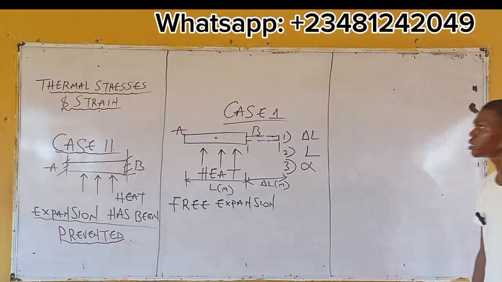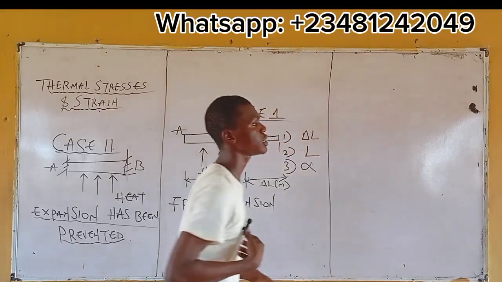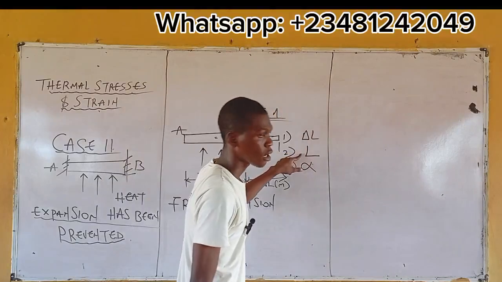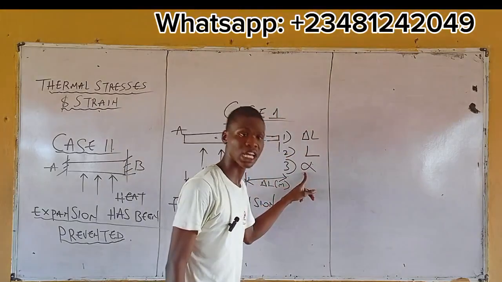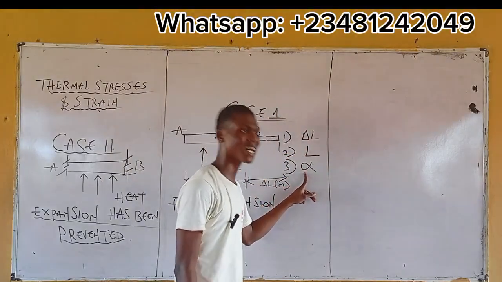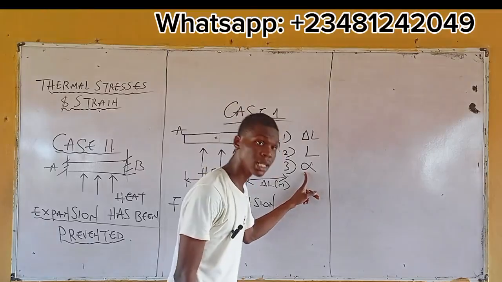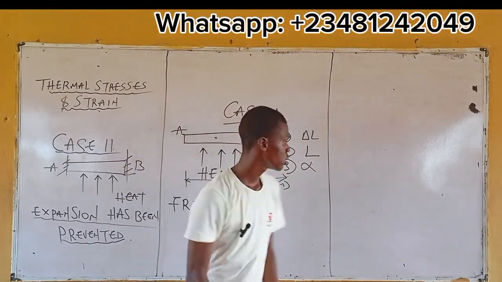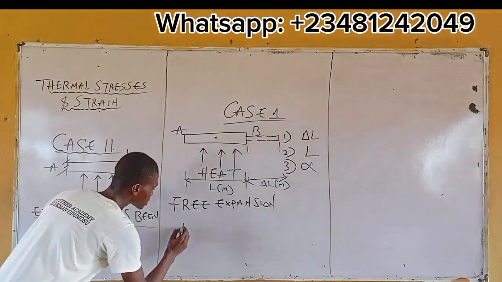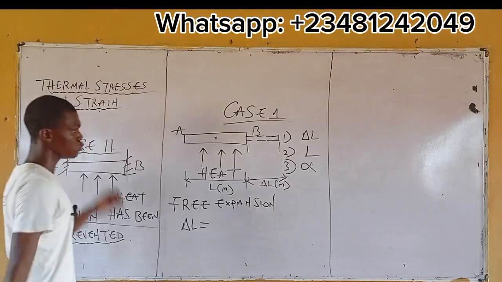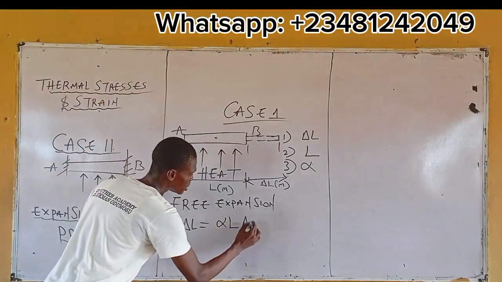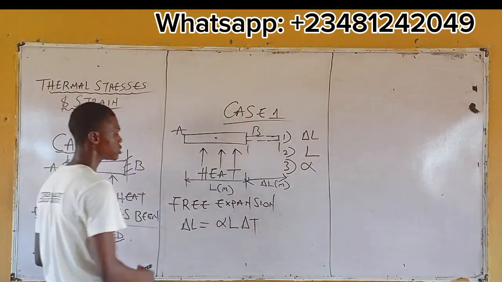Now from case 1, we have 3 parameters: change in length, original length, and the linear expansivity of a material. Mathematically, the change in length of the material under thermal stresses and strain is equal to linear expansivity multiplied by the length multiplied by change in temperature.